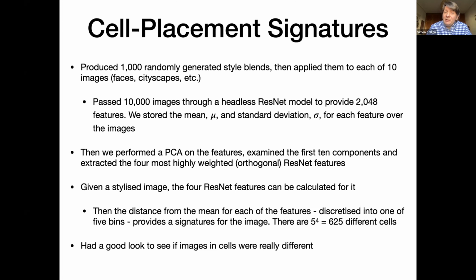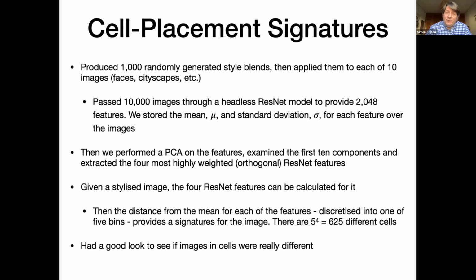For each of the features, we calculated and stored the mean mu and the standard deviation sigma over all of these 10,000 images. And then we performed principal component analysis on the features and looked at the first 10 components, which are meant to describe the images, but also do so in an orthogonal way.